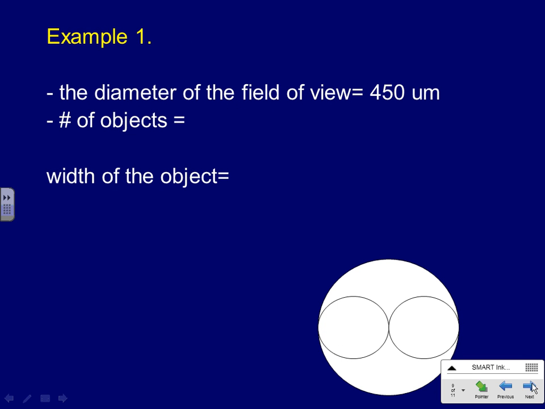So let's just do a quick little example. And again, here I've got the same silly 2 objects. Let's say that we did our calculation of the field of view, and we found the field of view to be 450 micrometers. And we've got our 2 objects here. How many objects can fit across? 2.